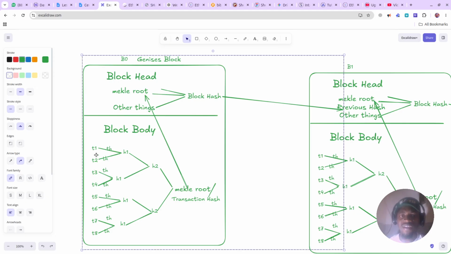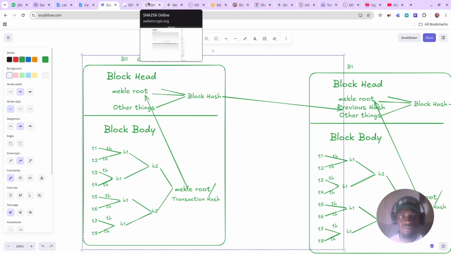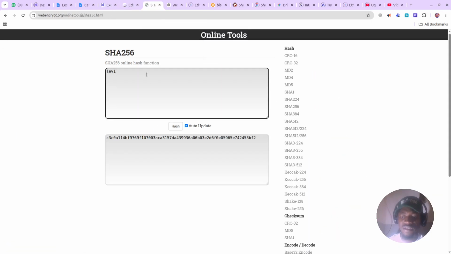Now in our last class, I introduced something known as hash. So let me show that again. I told you that hash is a one-way algorithm, in the sense that anything that is hashed cannot be decrypted, unlike encoding. So in cryptography, hashing is a one-way algorithm.